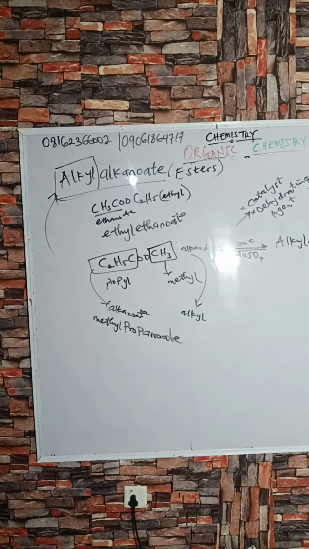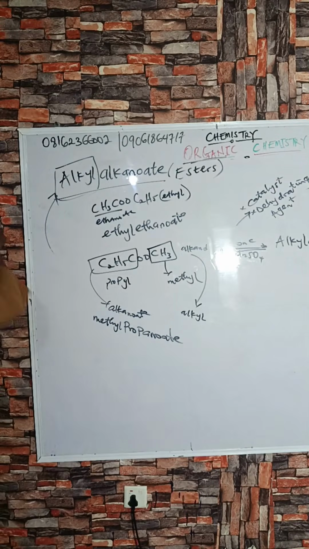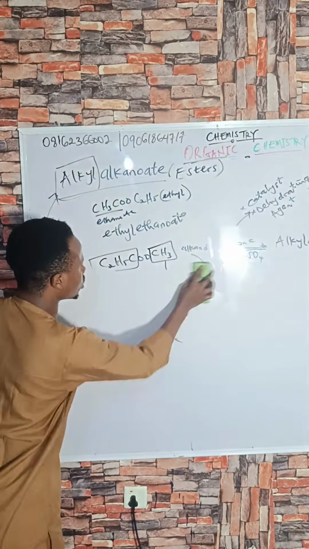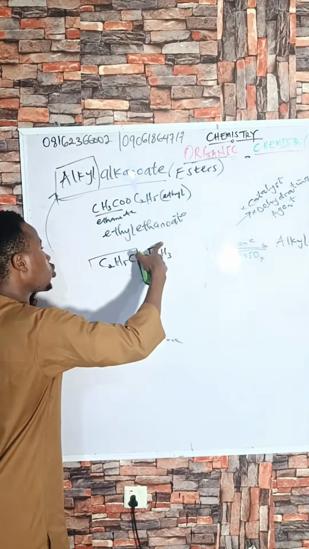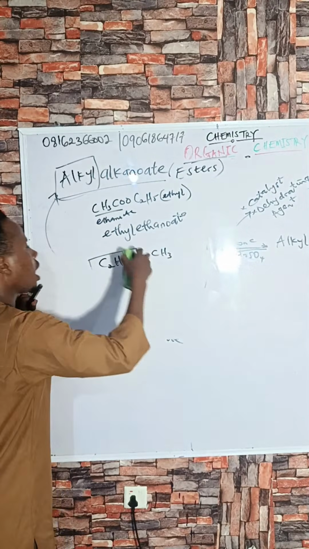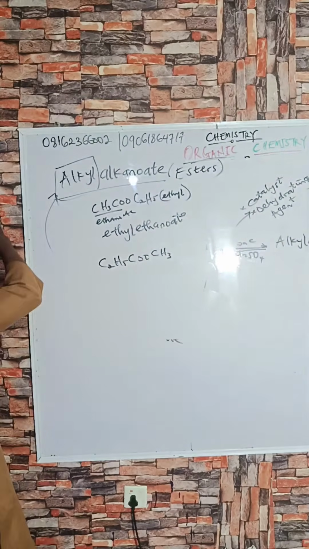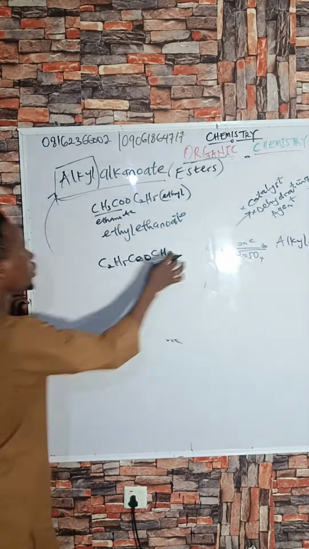All right, so I think it's clear already. You can go ahead and practice more over time. So that's for your alkyl alkanoate. But let me quickly ask you now, also in the chat box, this is the same formula you were able to name. You understand the name. So what is going to be the alkanol and alkanoic acid that we use in the esterification reaction? Which alkanol and alkanoic acid will give us this compound?